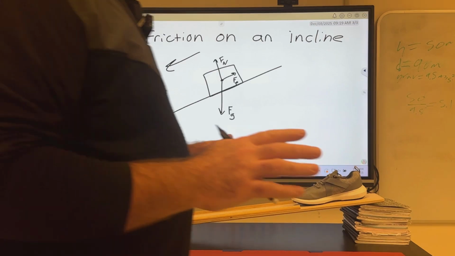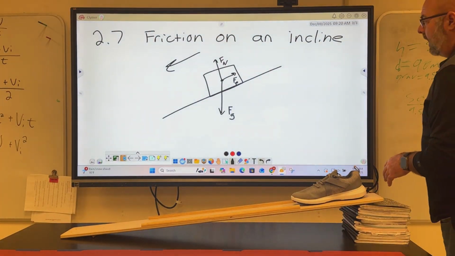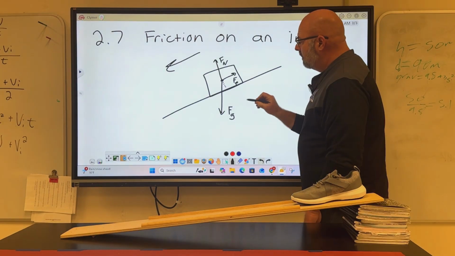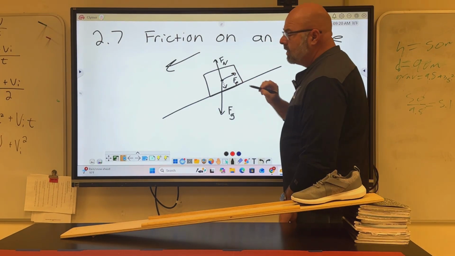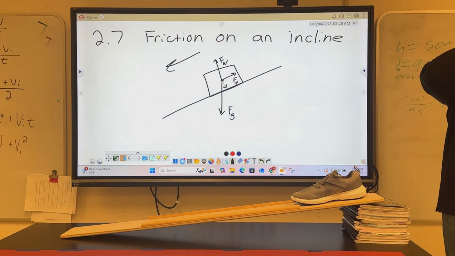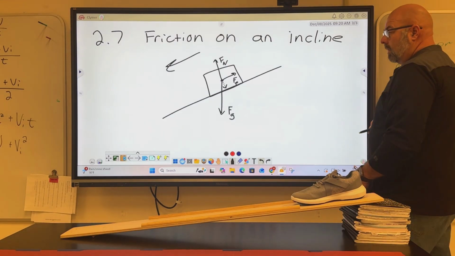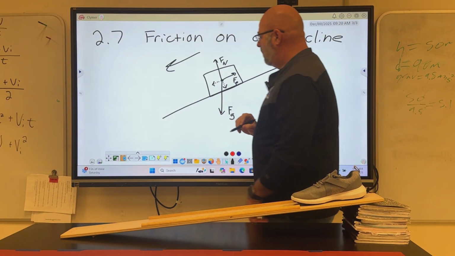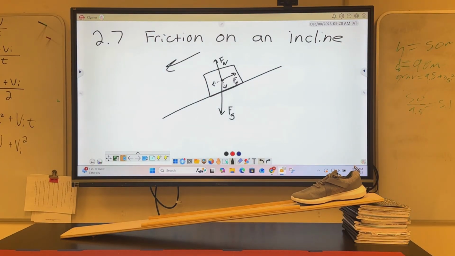So in that case, there must be some kind of force this way, right? To balance the normal force. There must also be what? Some kind of force this way that balances the friction.